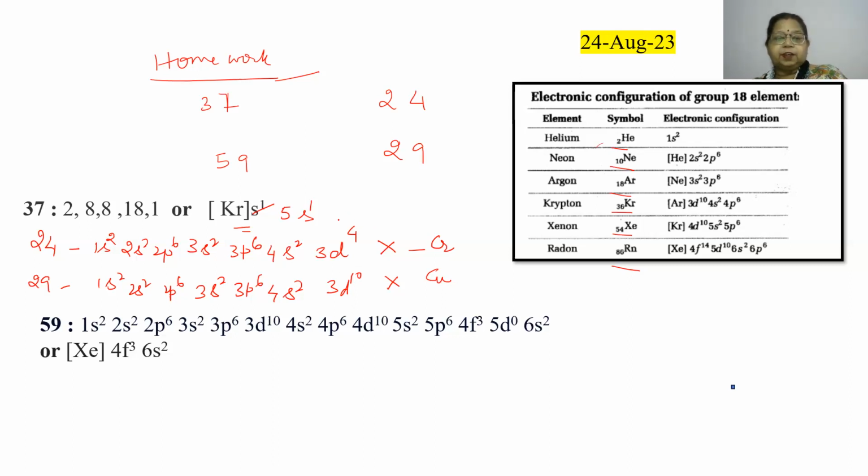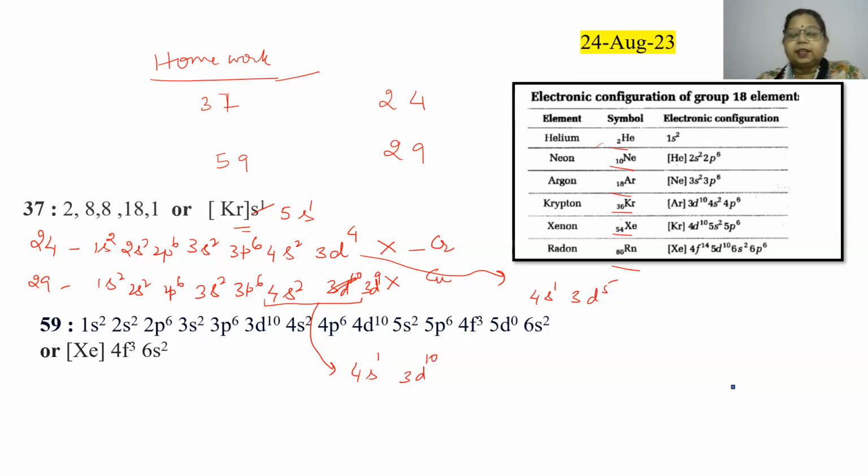The correct configuration of the element with atomic number 24 ends with 4s1, 3d5. Similarly, for atomic number 29, initially it was 4s2, 3d9. Now it will become 4s1, 3d10, because that's the correct configuration of copper.